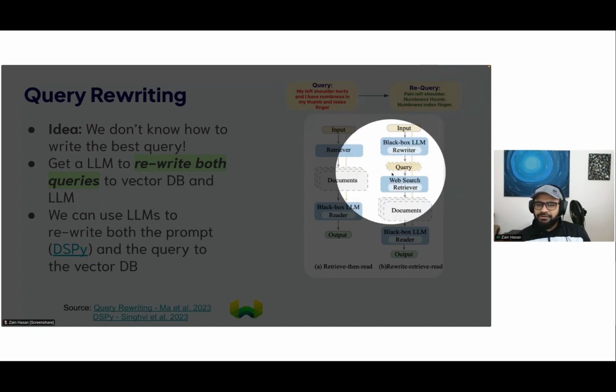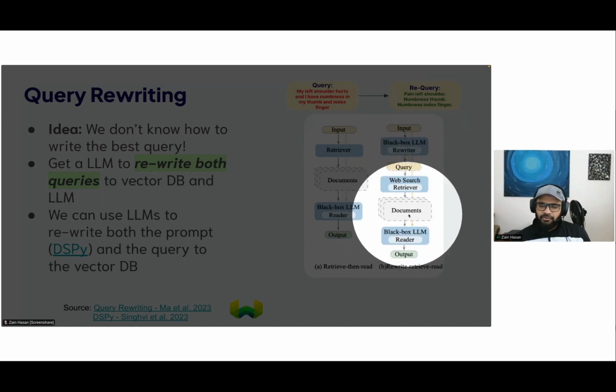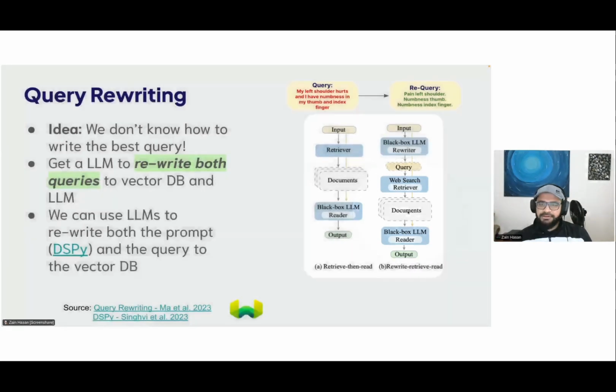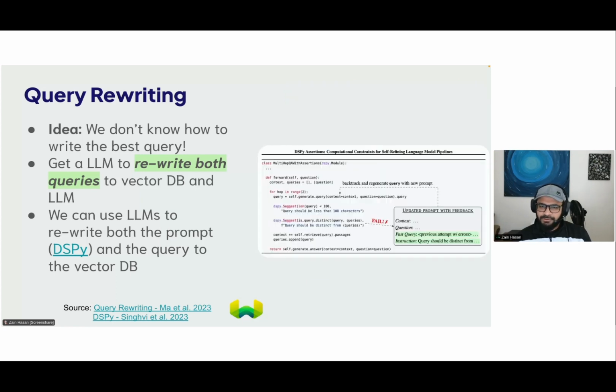And then you take that query and you go to your vector database, and you get back documents that are much more relevant than you did over here in this workflow. So this rewrite before retrieving and generating is a step that you can use to make your chatbot do even better. And a lot of people are using this technique in production to improve their retrieval step as well.